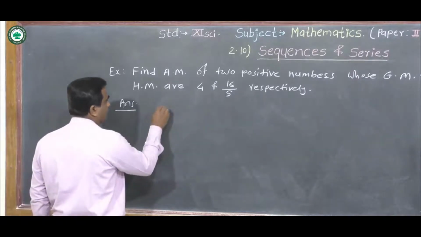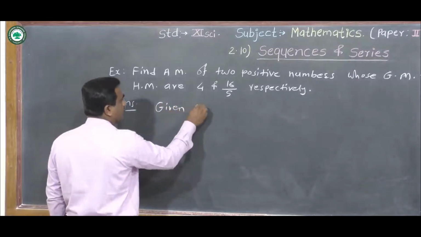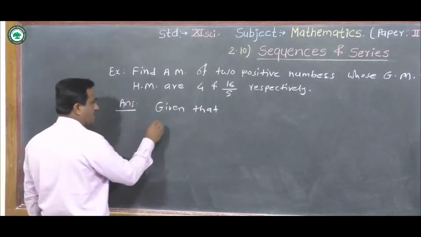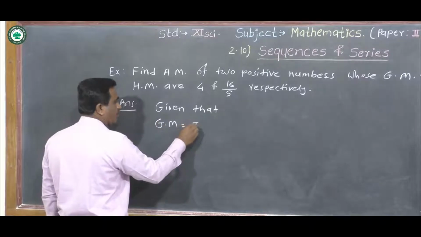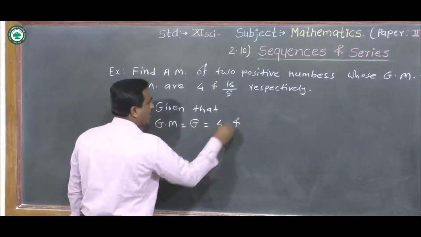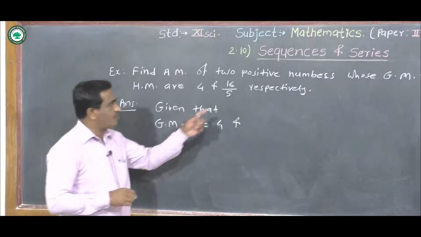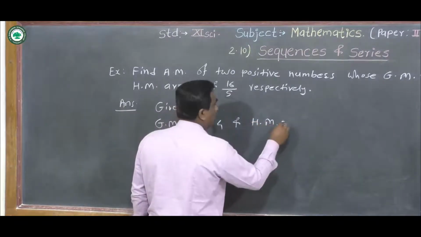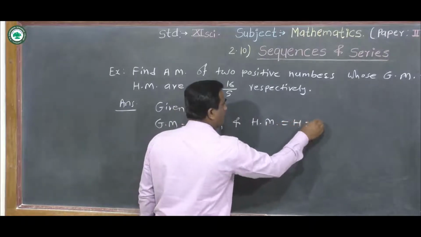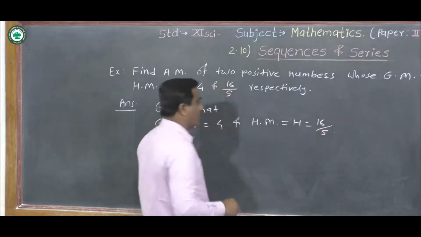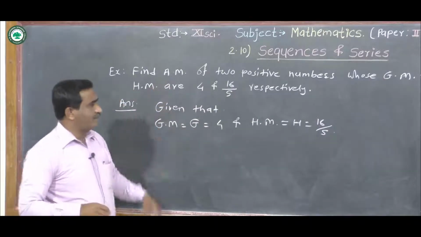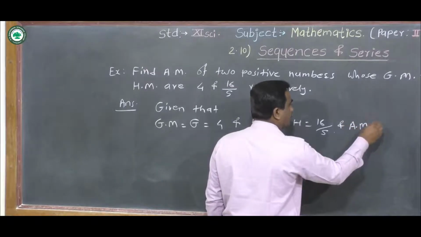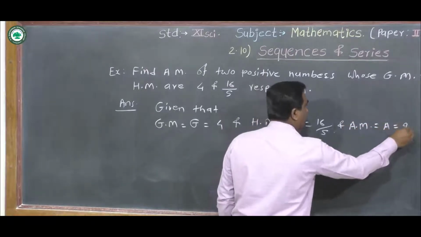Given that geometric mean G is equal to 4, and harmonic mean H is equal to 16 upon 5, and we have to find the value of AM, A equal to question mark.